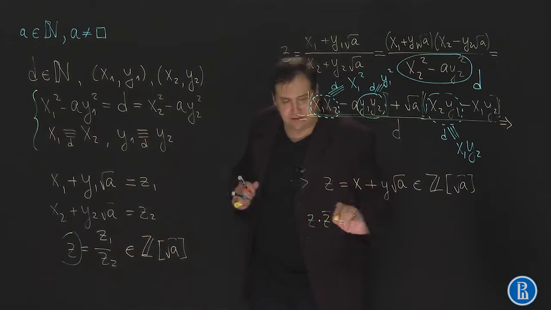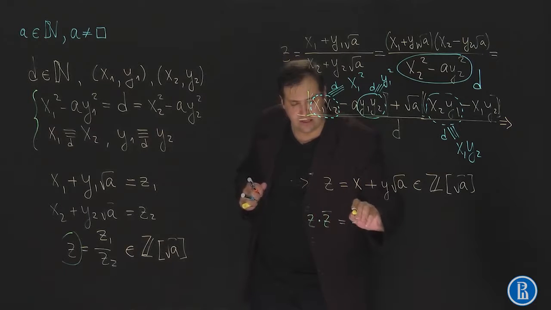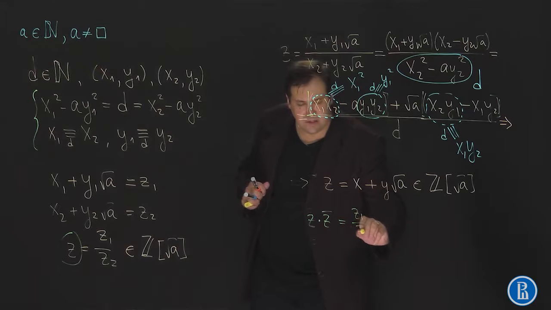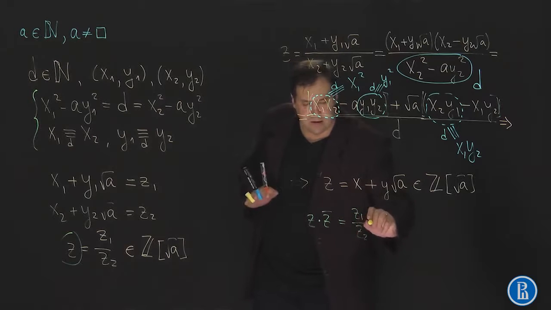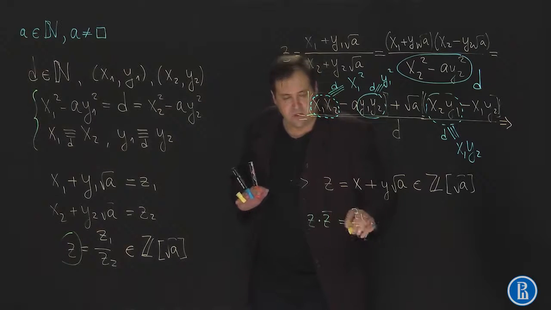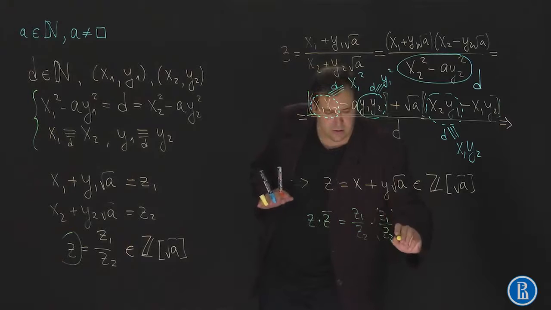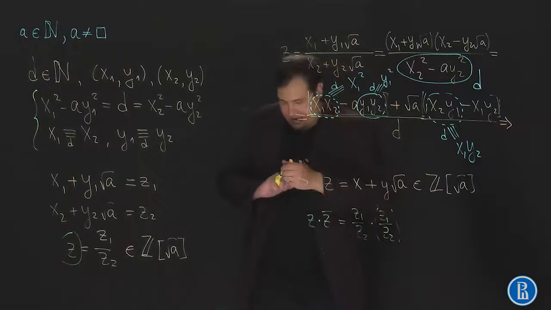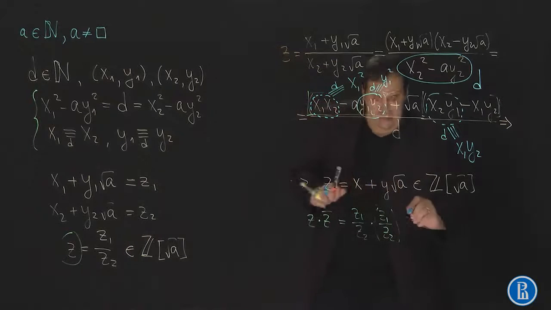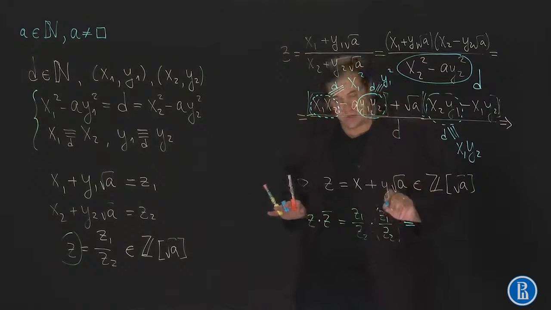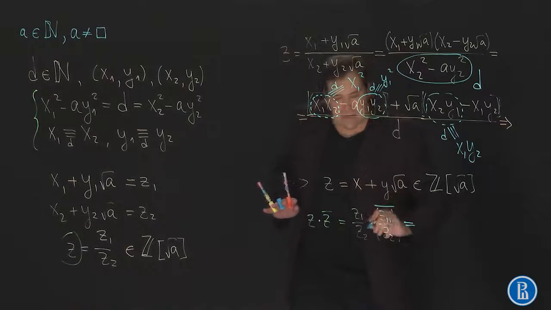We know that z is equal to z1 over z2. And the conjugate of such a fraction, well, let me write it in the original form, fraction conjugated. And the next step will be to use the properties of this conjugation operation.